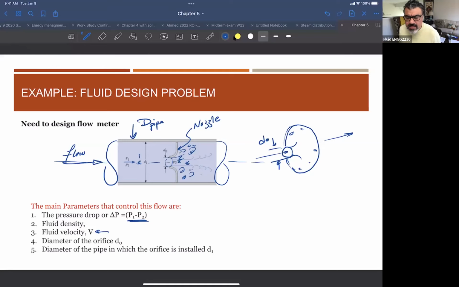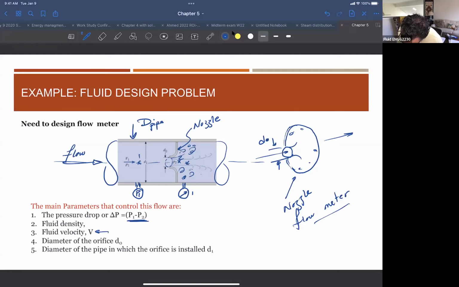Which means that in order to build a device, let's call this a nozzle flow meter. Let's say, for example, I'm designing this flow meter. How am I going to design this? I will just put a pressure gauge here, and put a pressure gauge here.